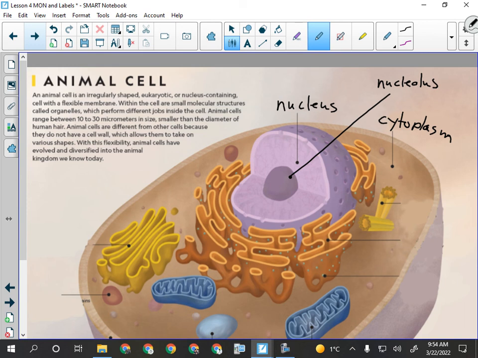Now we're hitting our first new structure. Those two little yellow gear-shaped things are called centrioles. Centrioles help the cell when it's dividing. When the cell is about to divide, one centriole goes to each end of the cell.